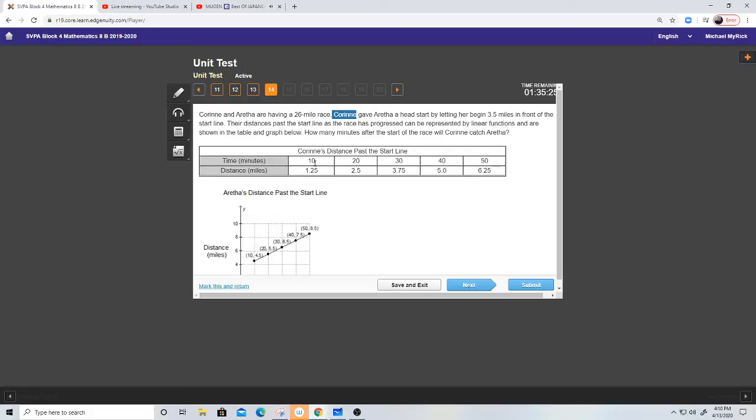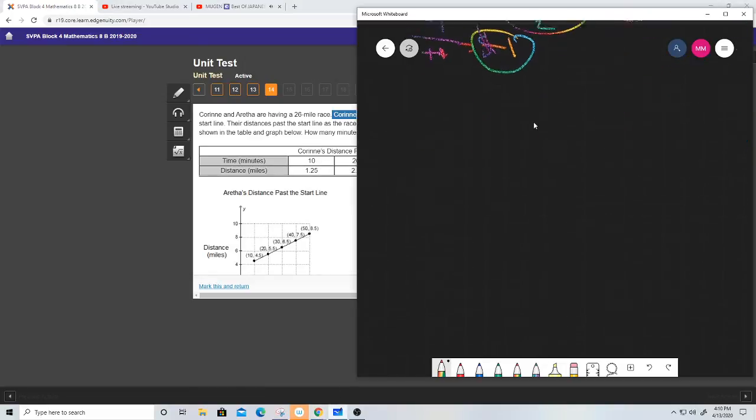But I do know they were also teaching us that look how it's separate: the distance here is 1.25 and this is 10. So if we take this back, 1.25, we know Corrine's equation is y equals 1.25x. That's Corrine. Aretha, we know that she has a 3.5 mile head start.